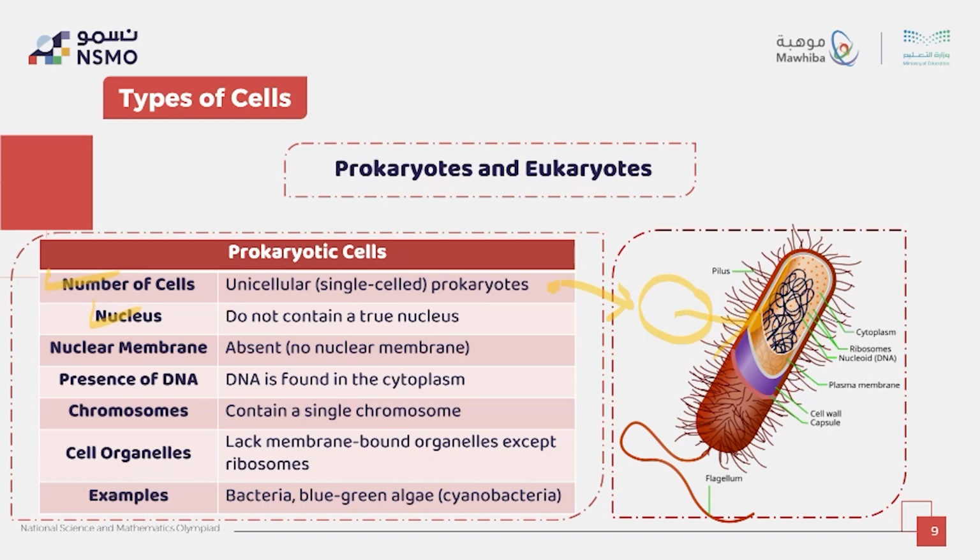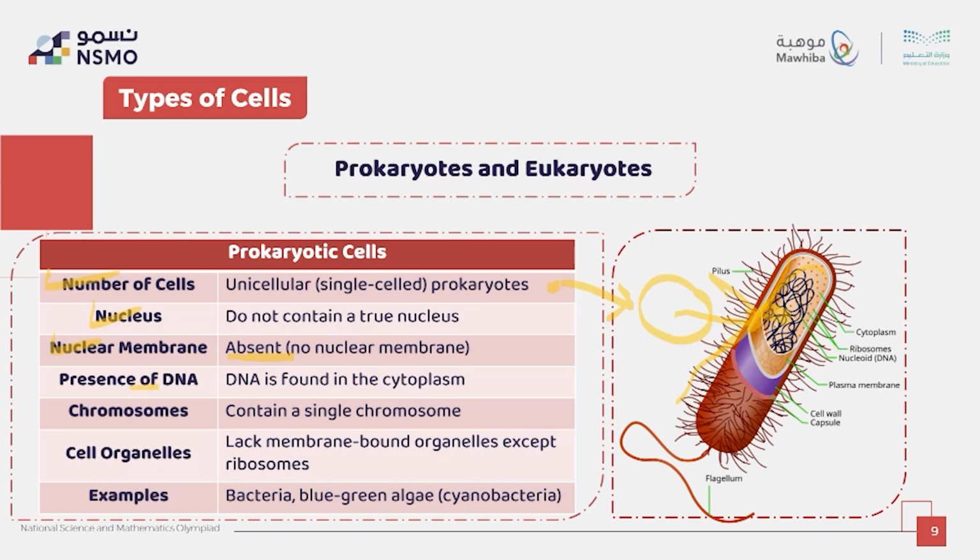The third one is the nuclear membrane: absent, there is no nuclear membrane. There is no membrane around it, and as we said before, the DNA is in the cytoplasm. The fourth one is the presence of DNA.